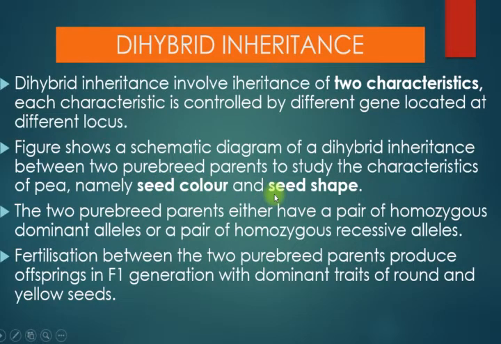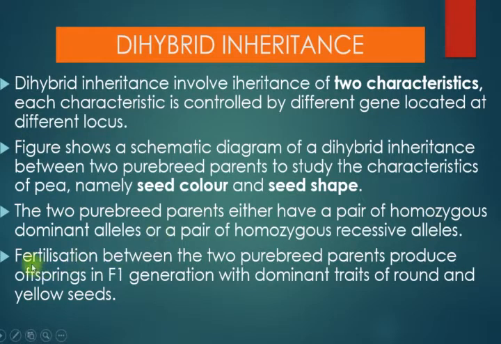The two purebred parents either have a pair of homozygous dominant alleles or a pair of homozygous recessive alleles. Do you still remember what homozygous dominant alleles and homozygous recessive alleles are? Please go over the meaning of the terms again.